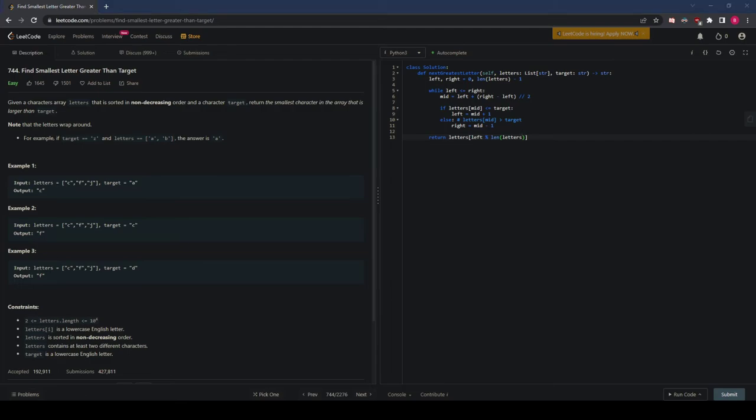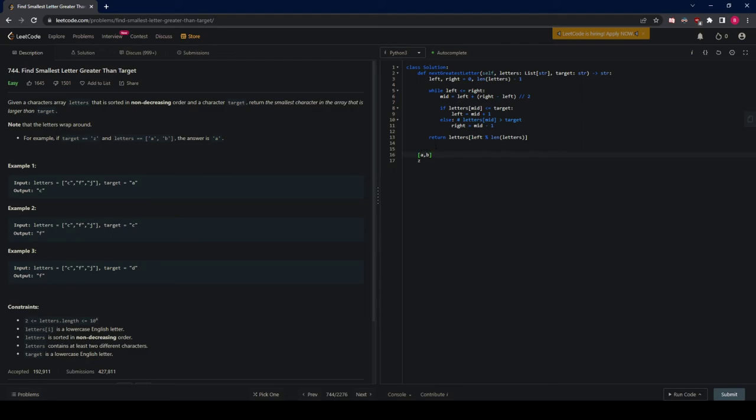what would be the best for this example, right? The wraparound example. We're looking at A and B, and we want to find Z, right? So what we need to do is first find the middle, and by doing the floor division, we'll look at A. Z is definitely greater than A, so we'll look at B, right?